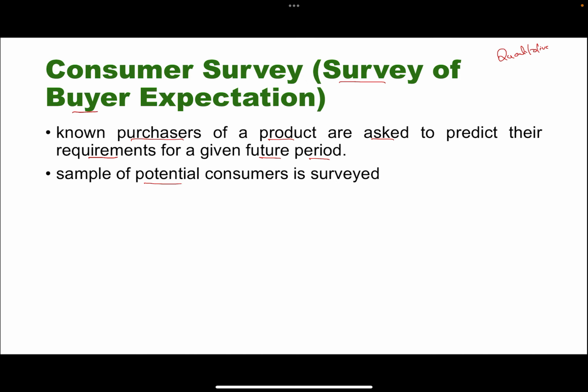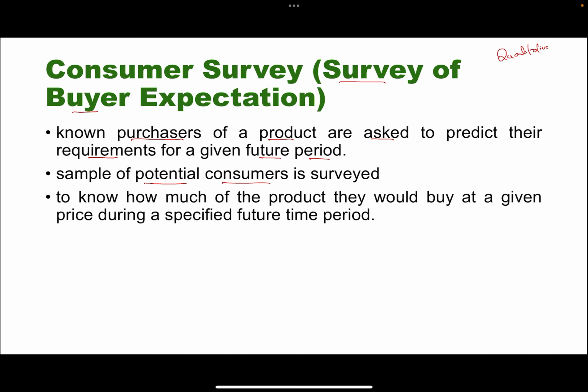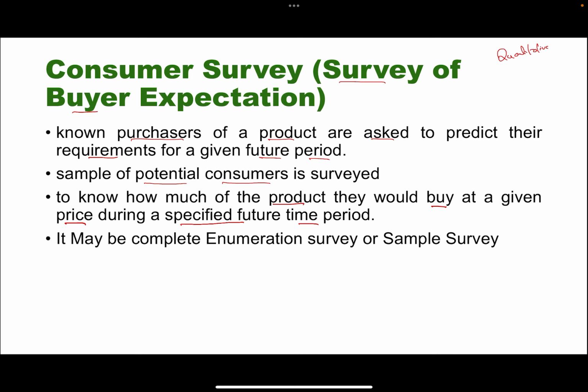For this, a sample of potential consumers is surveyed to know how much of the product they would buy at a given price during a specified future time period. It can be a complete enumeration survey or a sample survey. That means we will select a set of potential buyers, then we will ask at which price they will buy, in which quantities, in a specified future period.